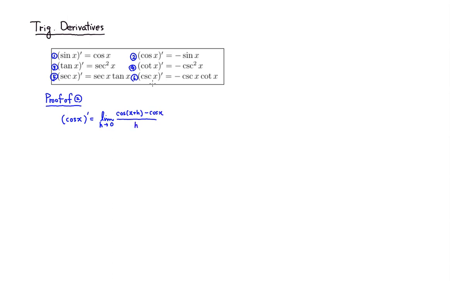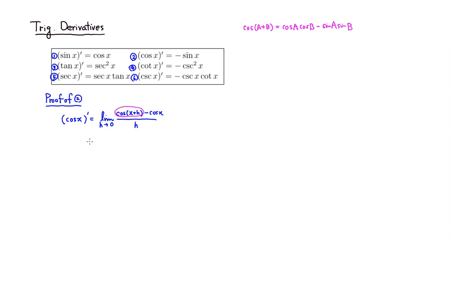Then what we want to do is use the trig identity. Remember that cosine of a plus b is equal to cosine of a times cosine of b, minus sine of a times sine of b. Let's use that to break this down.